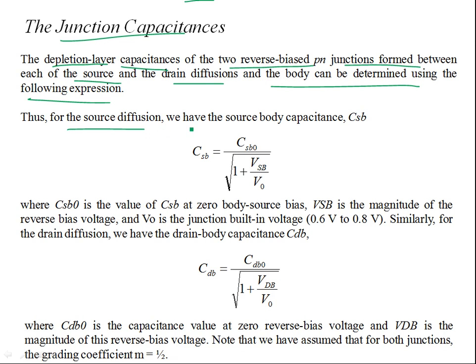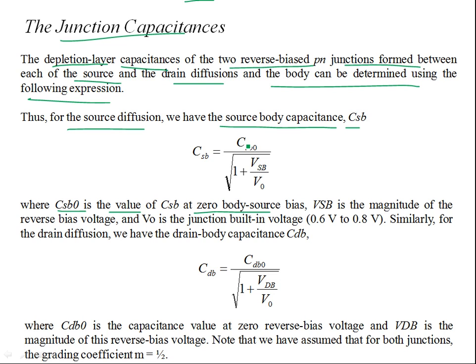Thus for the source diffusion, we have the source-body capacitance CSB, where in this expression CSB0 is the value of CSB at zero body-source bias.